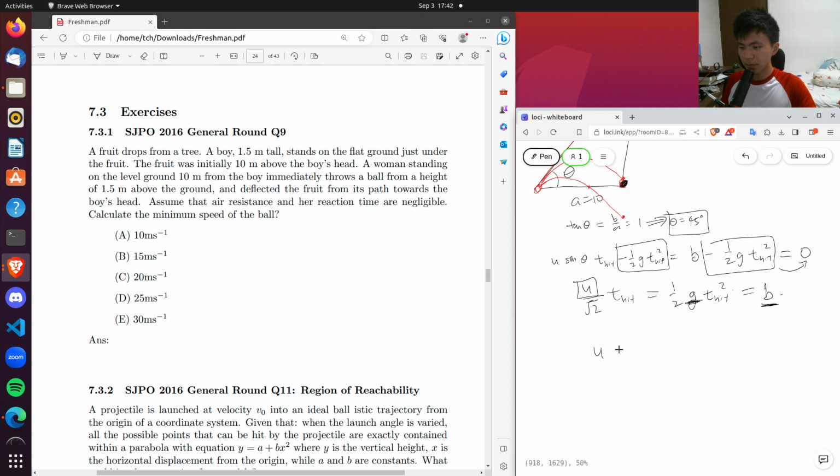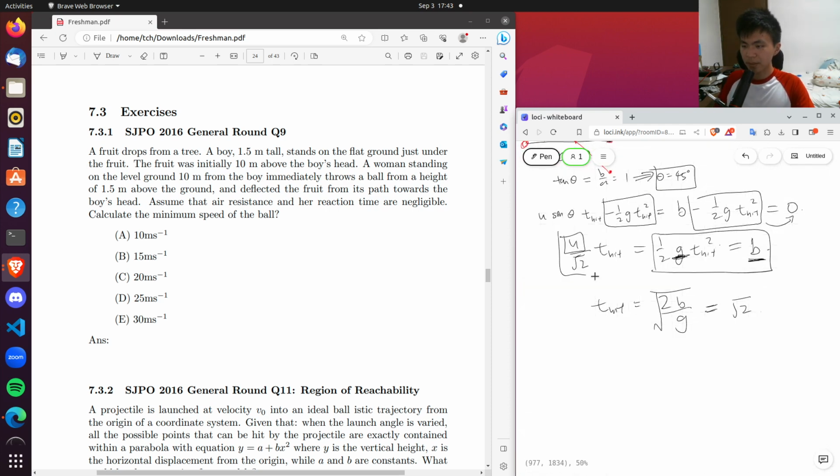So let's solve for t hit first. t hit equals square root of 2b over g. 2 times b is 20, and g is approximately 10, so t hit is square root 2.